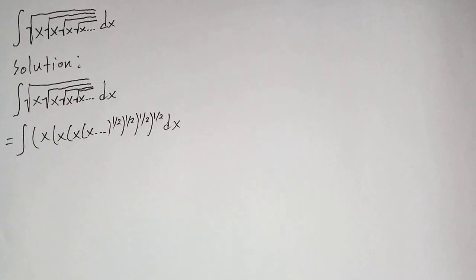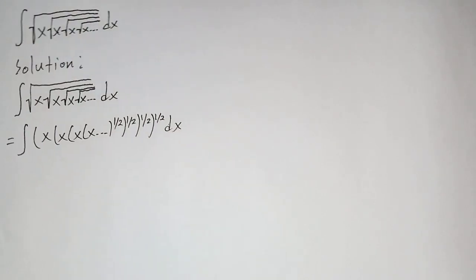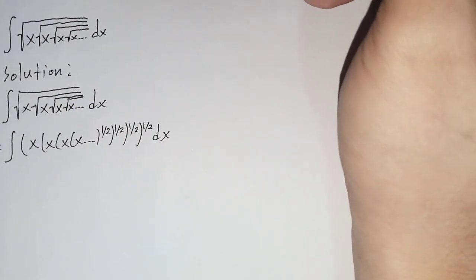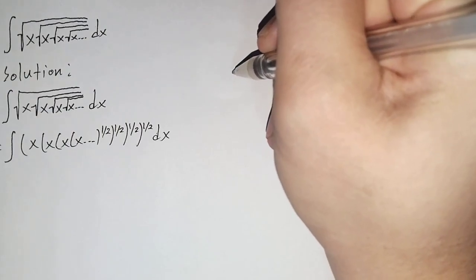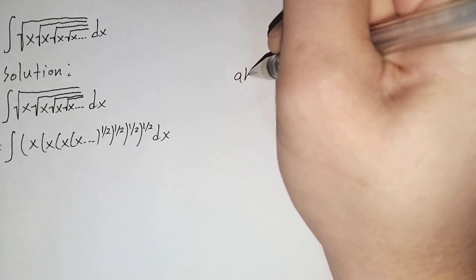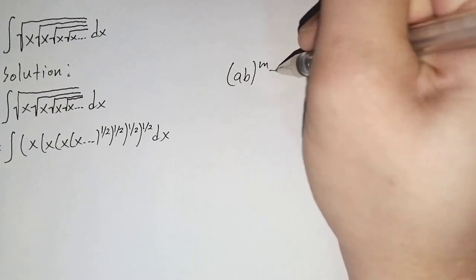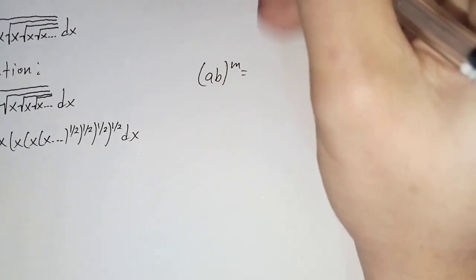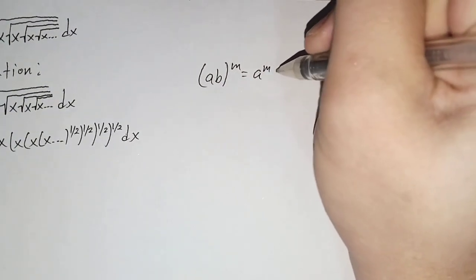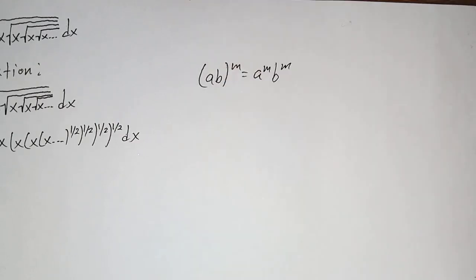Now, by the rules of exponent, if we have any term, let's say ab, that is raised to some power, which is m, this can be rewritten as a raised to m multiplied by b raised to m.